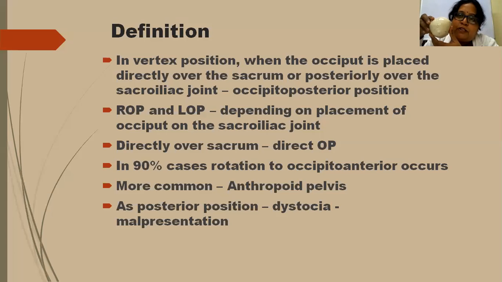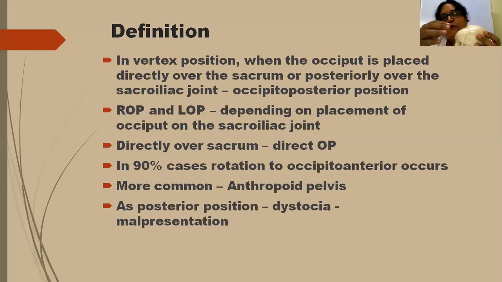And in the posterior side, this fontanelle, which is triangular in shape, is called the posterior fontanelle, and in the upper portion it is bounded by the sagittal suture, and on either side it is bounded by the lambdoid sutures. So this is the posterior fontanelle.